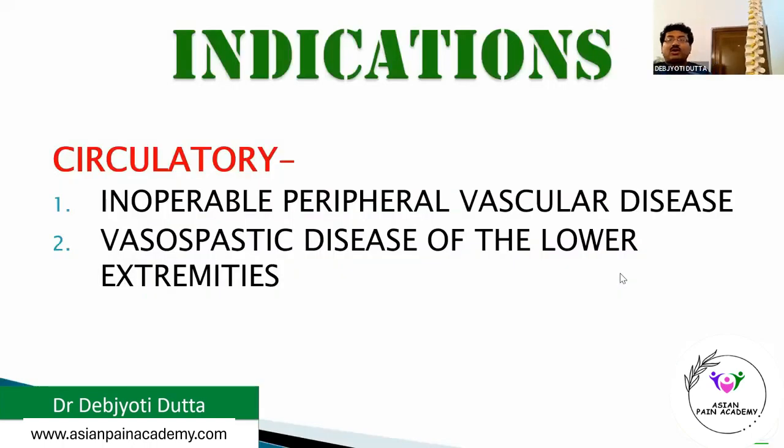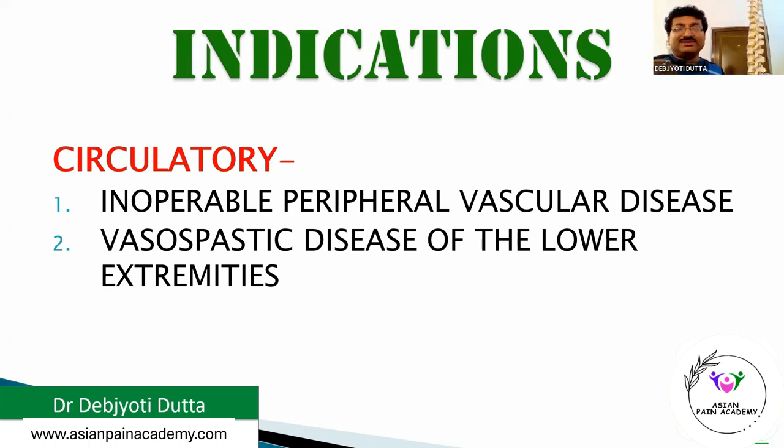Now let us tell you the indications. First of all, sympathetic blocks are commonly done in two indications that you need to remember. One is the vascular conditions. We all know sympathetic causes vasoconstriction.